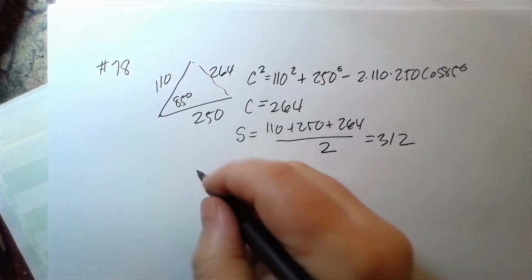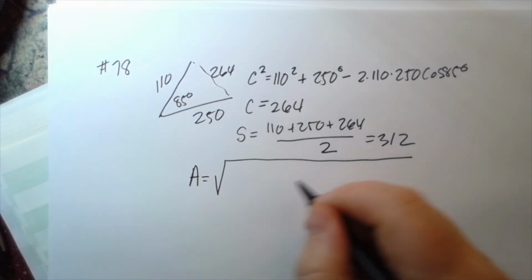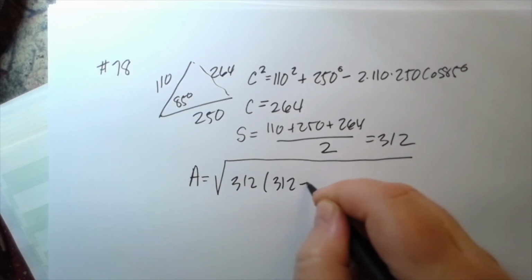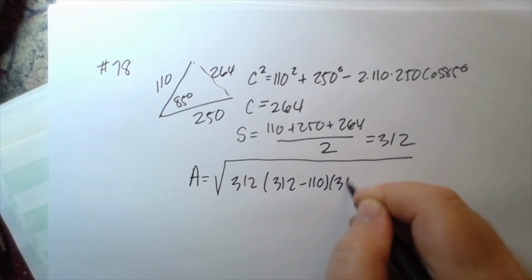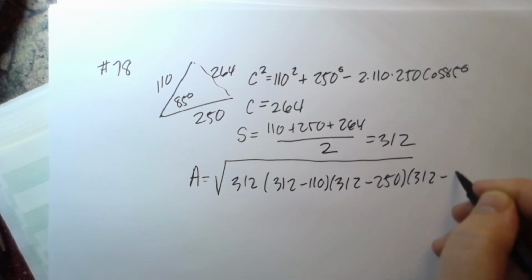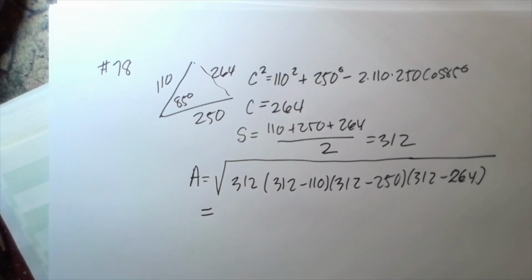So now I can actually find the area. The area would be the square root of 312 times 312 minus 110 times 312 minus 250 times 312 minus 264. So I plug that into my calculator.